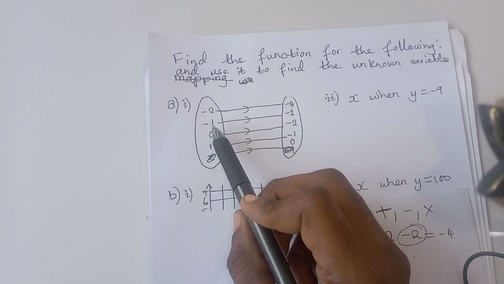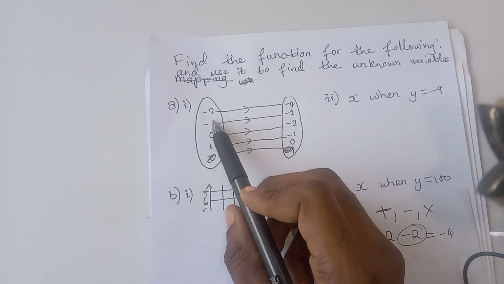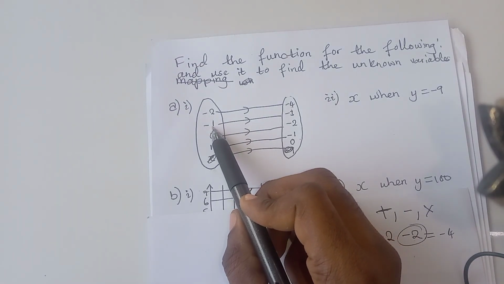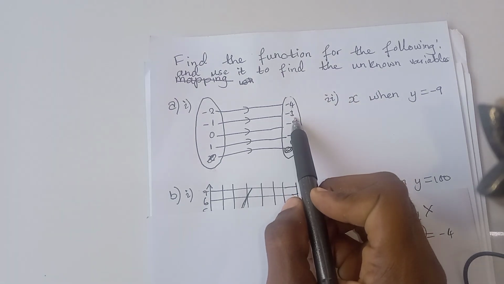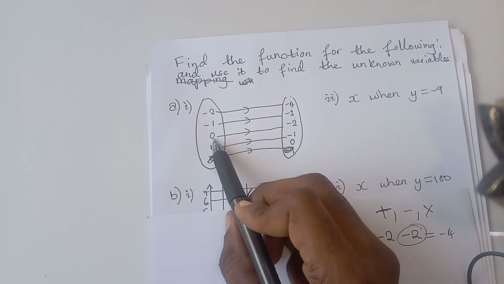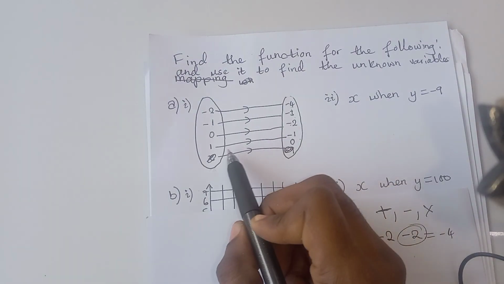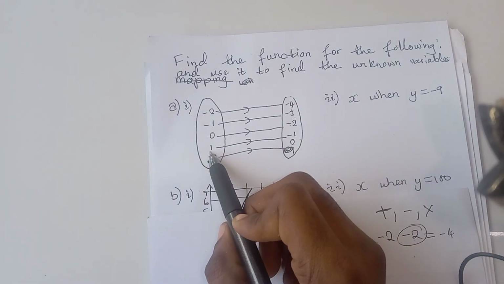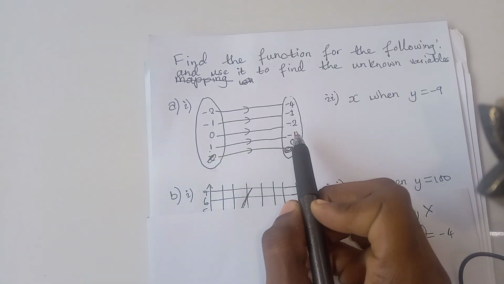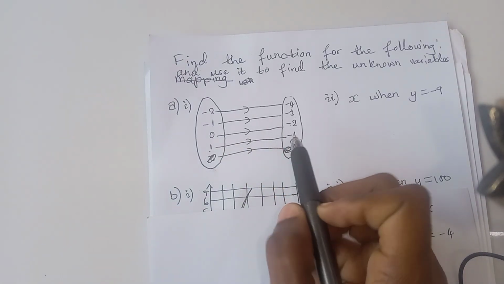When you subtract a 2 from -1, you have -3, this is true. You subtract a 2 from 0, you have -2, so this is true. You subtract a 2 from 1, you have -1.